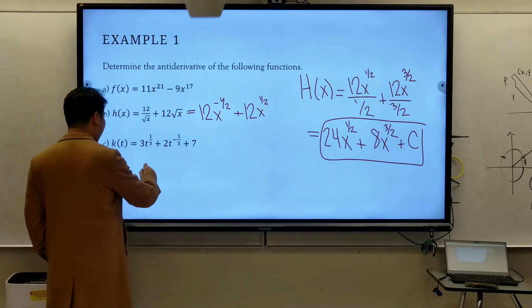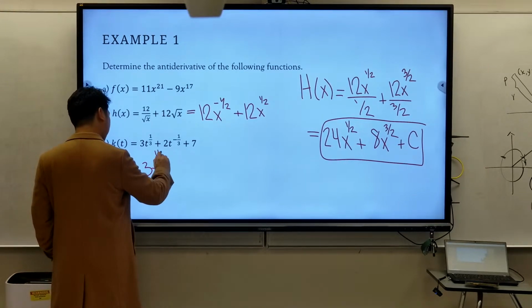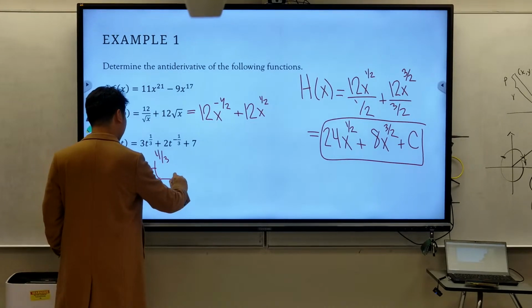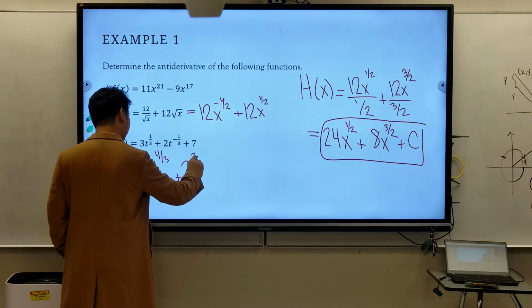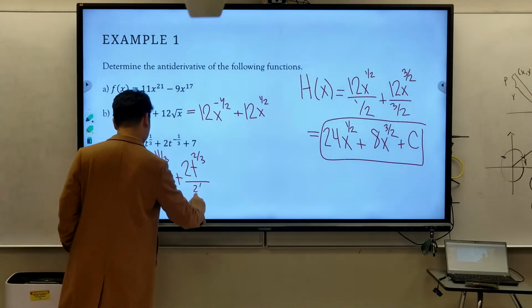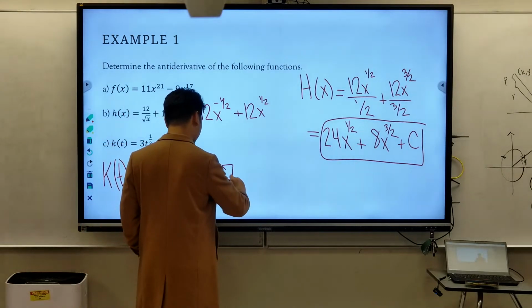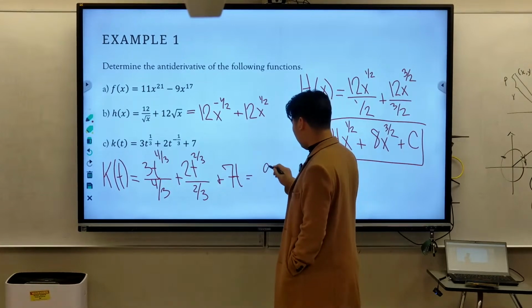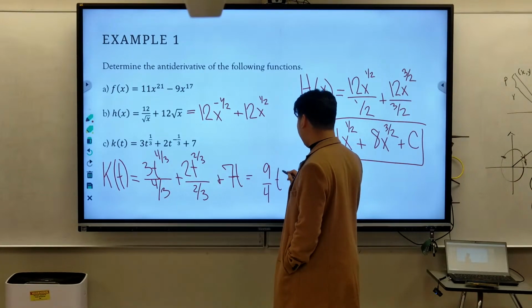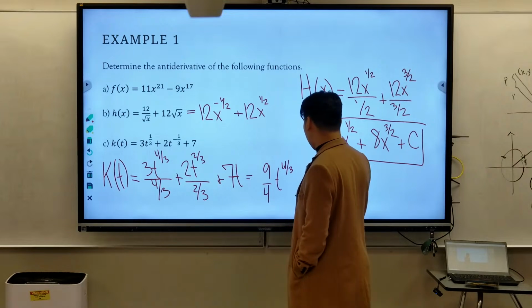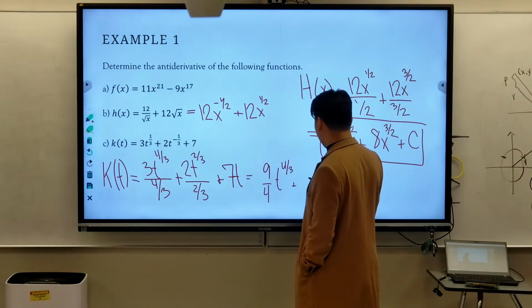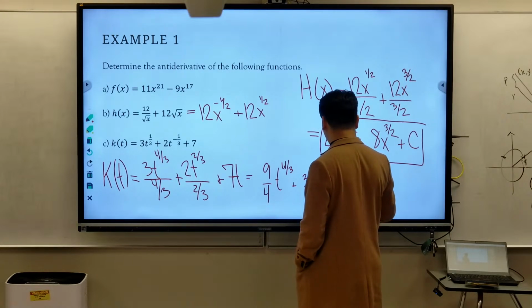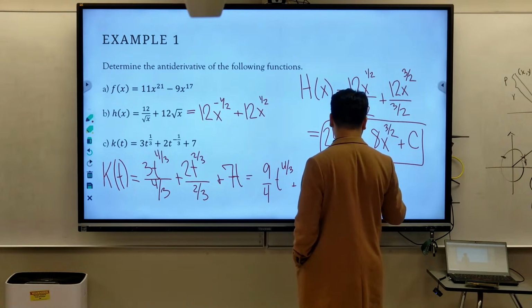I guess I'll write out the entire thing. 9/4 t to the 4/3 plus 3t to the 2/3 plus 7t plus c.